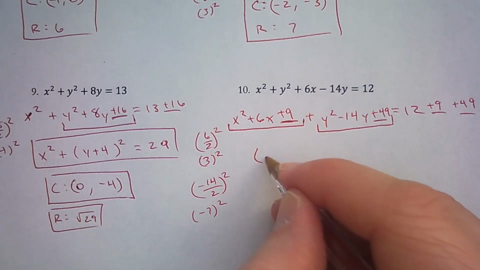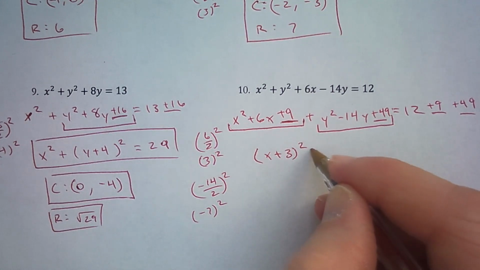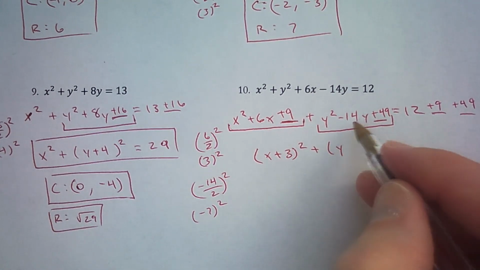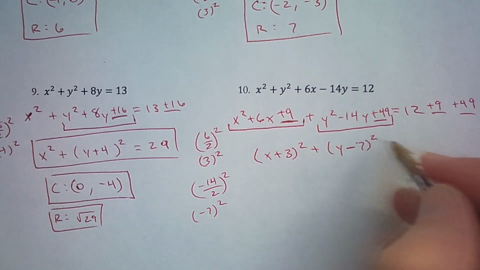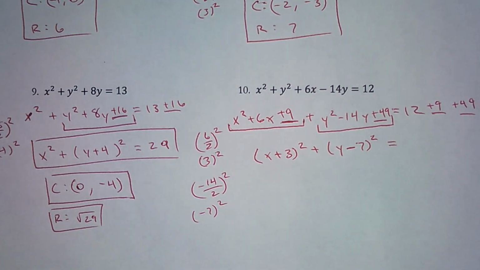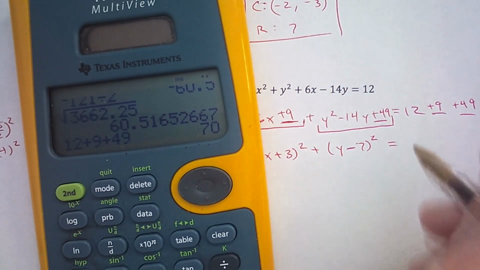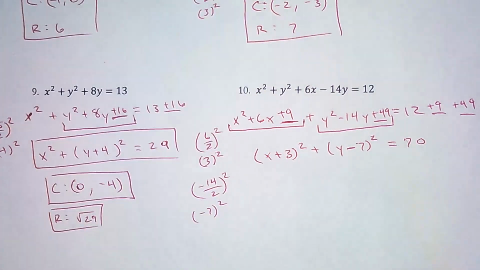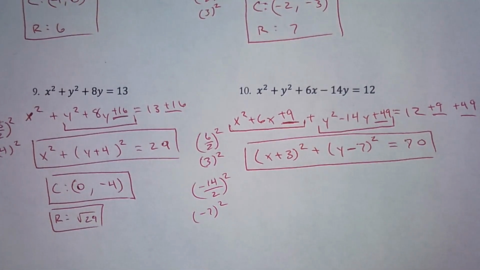So now to factor. x plus half of b is 3 squared plus y, and half of b here is negative 7, so y minus 7 squared equals 12 plus 9 plus 49, which is 70. So this is my standard form.